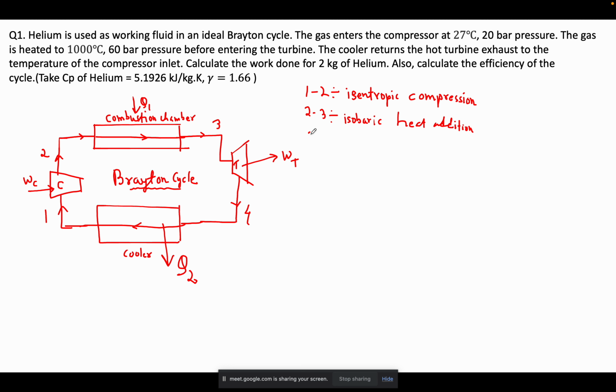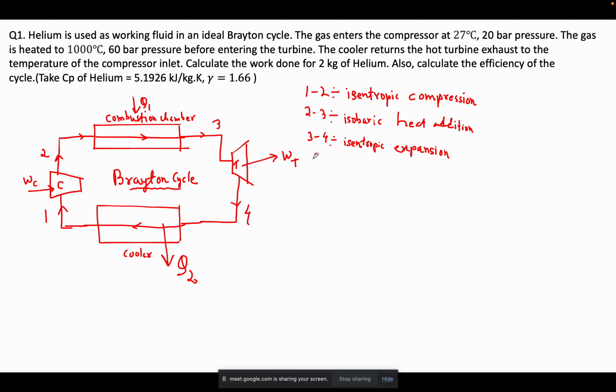Then 3 to 4 is isentropic expansion, because it is turbine expansion, work is taking place, so there will be reduction of pressure, so this is isentropic expansion.